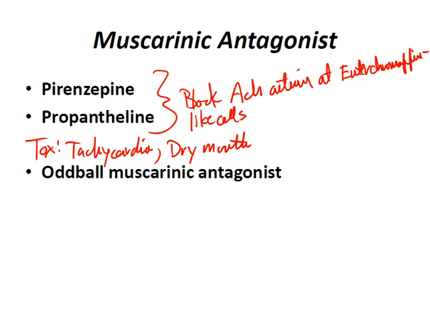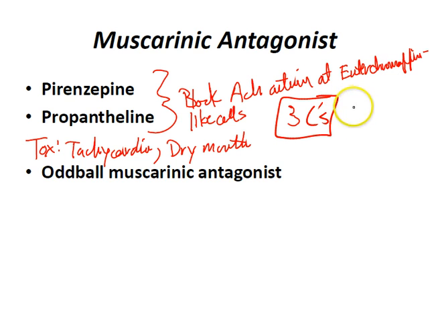Serious complications of anti-muscarinic toxicity include the 3 C's: convulsions, coma, cardiotoxicity. By cardiotoxicity, I mean you have an increased heart rate, therefore less filling in diastole. You're going to go into an arrhythmia. The heart's not getting the blood it needs. Yada yada yada. Now, the oddball muscarinic antagonists. What are these guys? These are antihistamines.